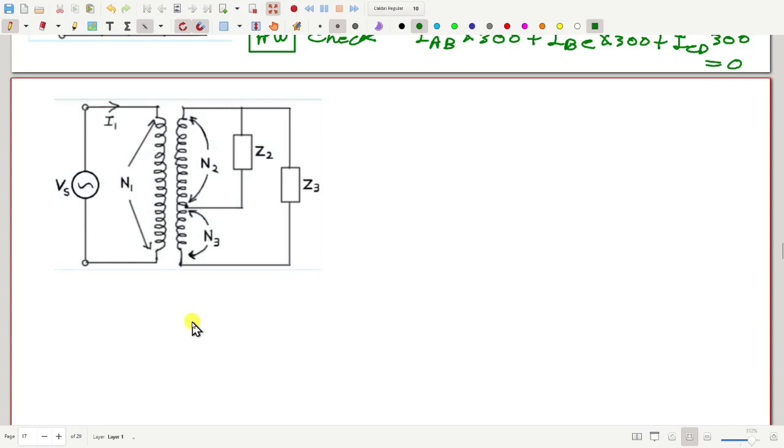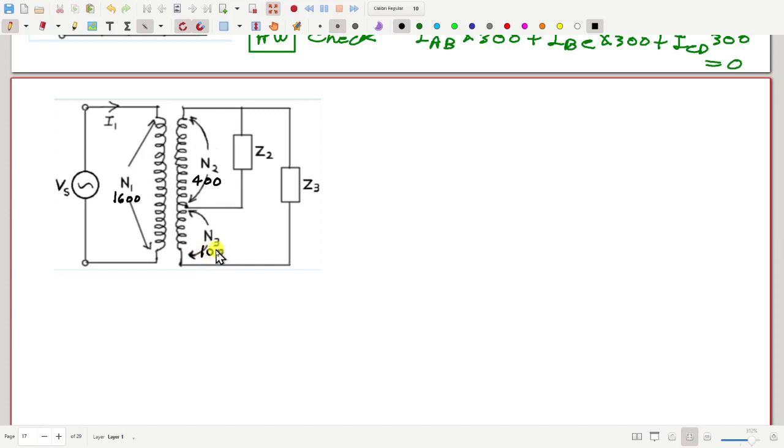Okay, so in this question we have a two-winding transformer, and it is given that N1 is 1600, N2 is 400, and N3 is 100.